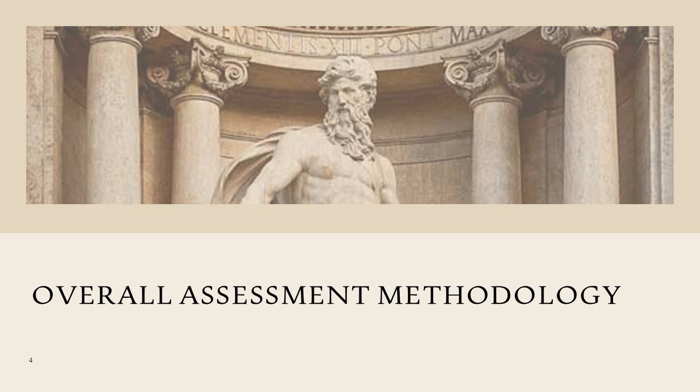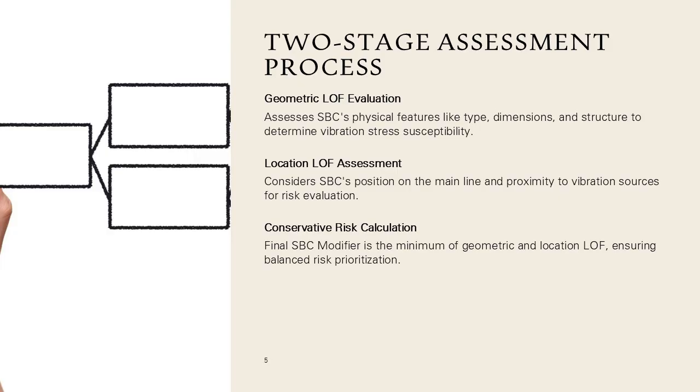Two-stage assessment process. The SBC LOF assessment consists of two primary stages, geometric LOF and location LOF. Geometric LOF evaluates the physical characteristics of the SBC, such as its type, dimensions, and structural configuration, to determine its susceptibility to vibration-induced stress.